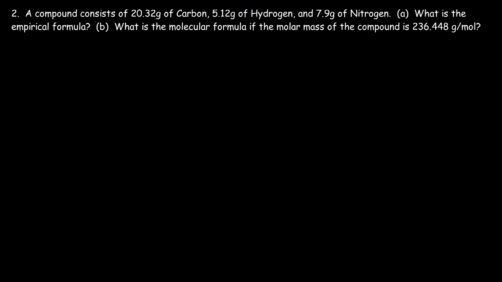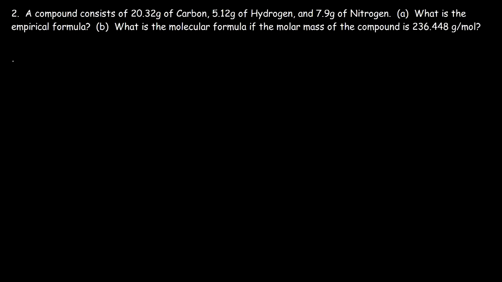Number 2. A compound consists of 20.32 grams of carbon, 5.12 grams of hydrogen, and 7.9 grams of nitrogen. What is the empirical formula? So in the last example, we were given a percent composition, which we converted to grams anyway. Here we're given the grams of all the elements in this compound.